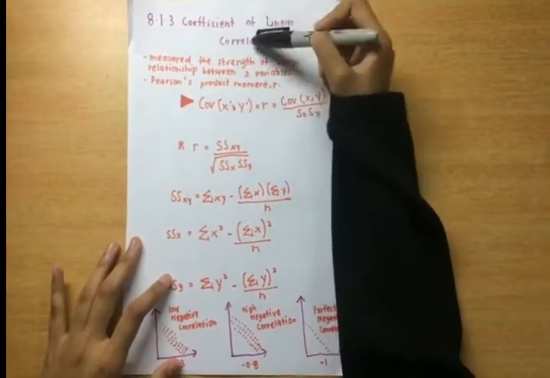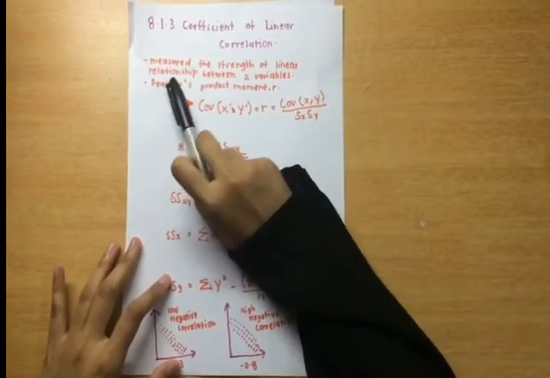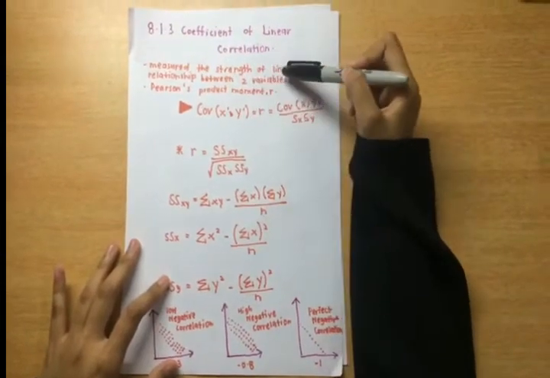Coefficient of linear correlation. The coefficient of linear correlation measures the strength of the linear relationship between two variables.